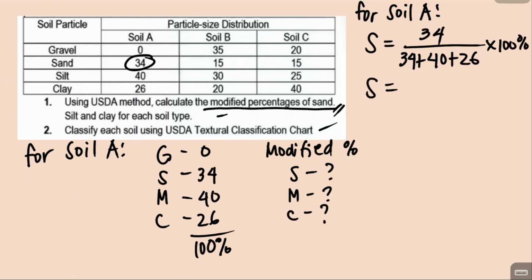So the modified percentage for sand should be the same as presented, 0.34 or 34%. Since the gravel is already 0%, the modified percentage of sand, silt, and clay should be the same as presented.